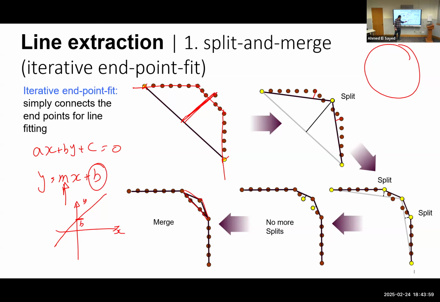The one that has the highest number of points, which is the one in the middle. This means ignore this and ignore this. This algorithm is called split and merge. So I keep splitting, then when I start to have multiple lines using the same exact points, I start to merge them.